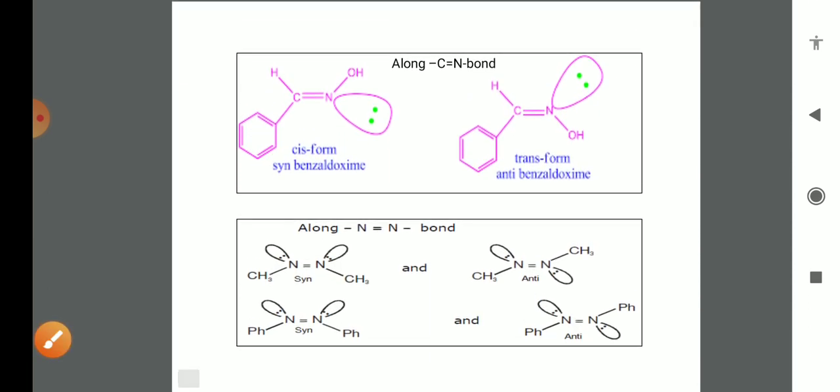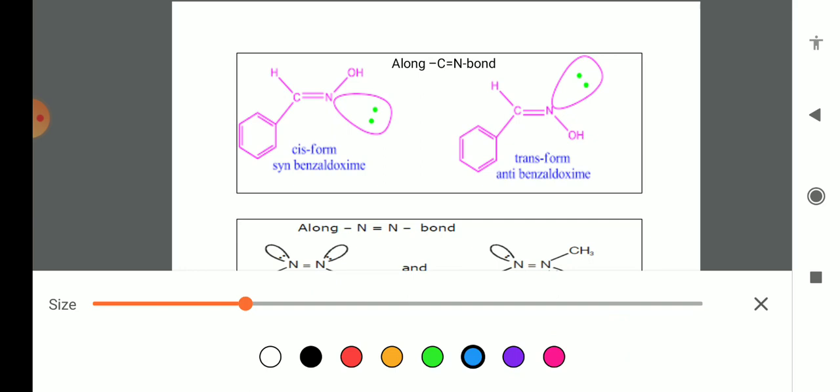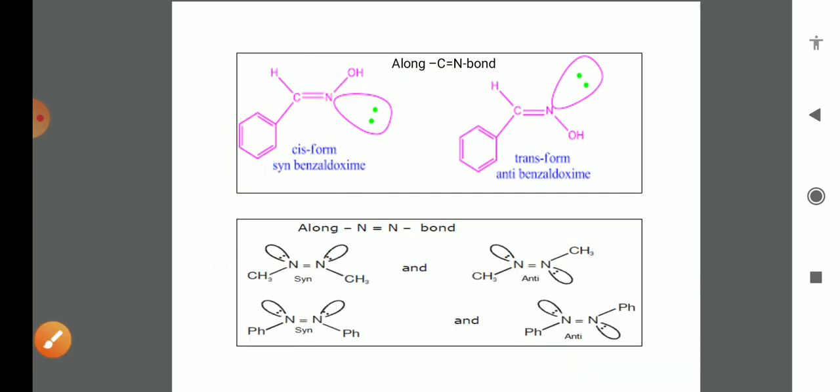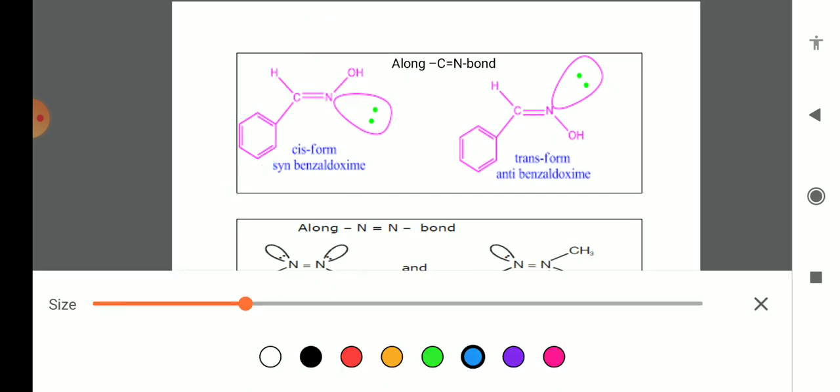Okay. Let's see the examples. The hydrogen and OH on the same side is called syn, meaning same side.